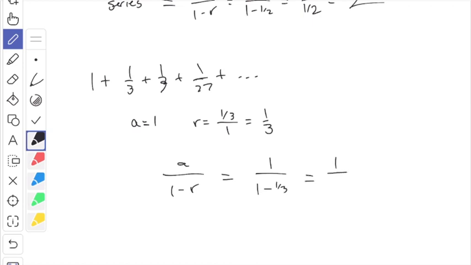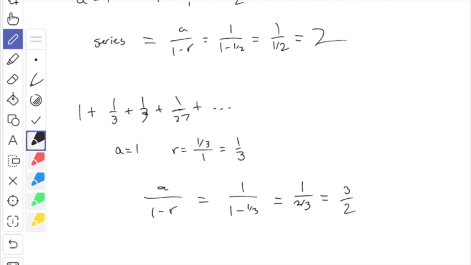This is 1 over 2/3, which is 3/2. So it's less than 2. That's not a surprise because I increased all those denominators. It adds up to 3/2. All right. This is the sum of a geometric series.